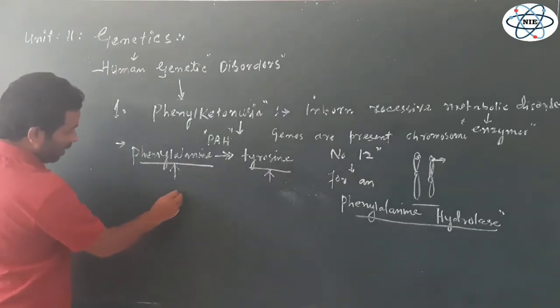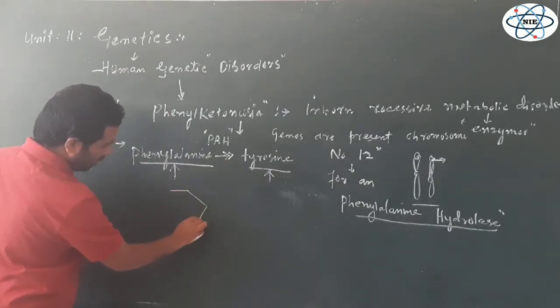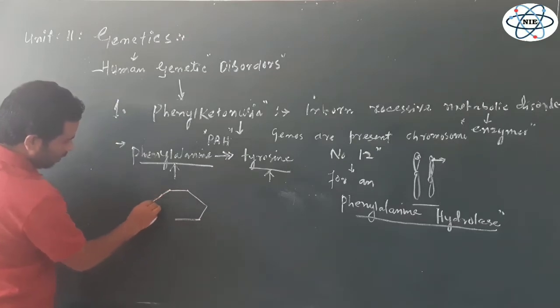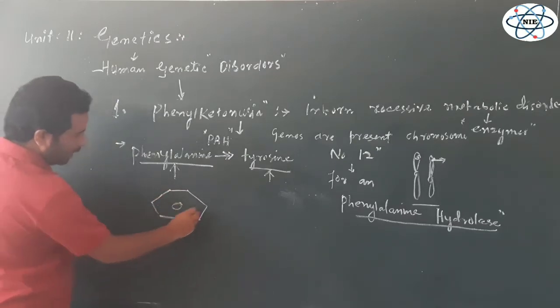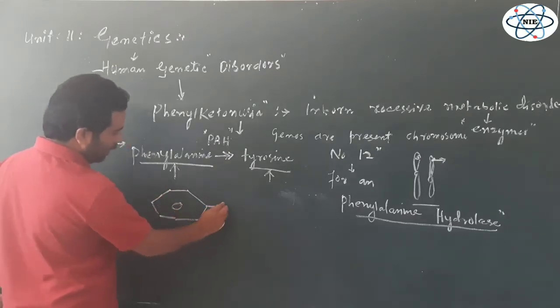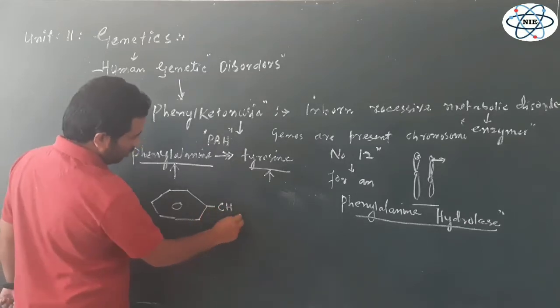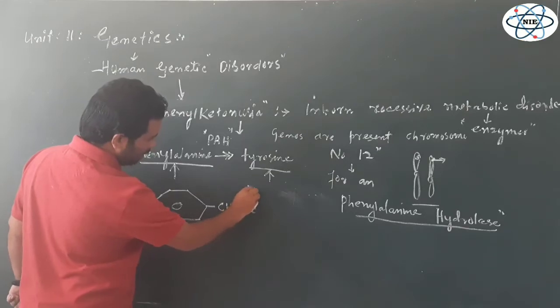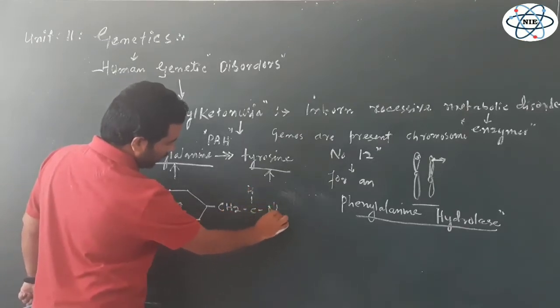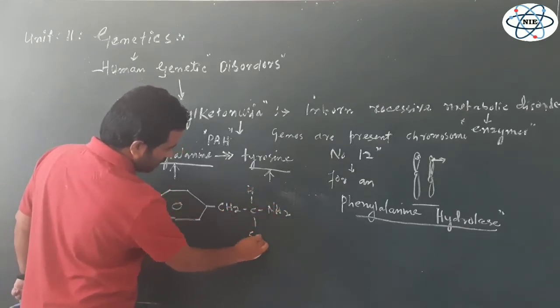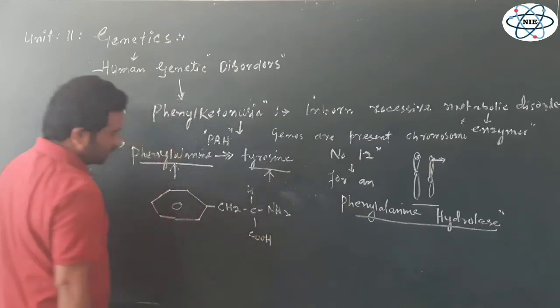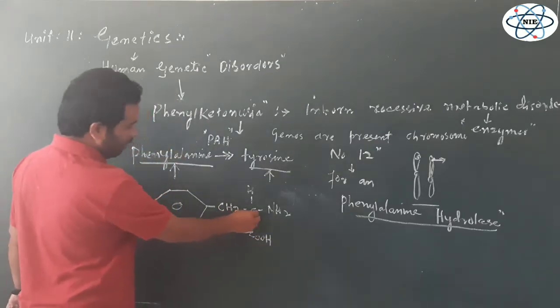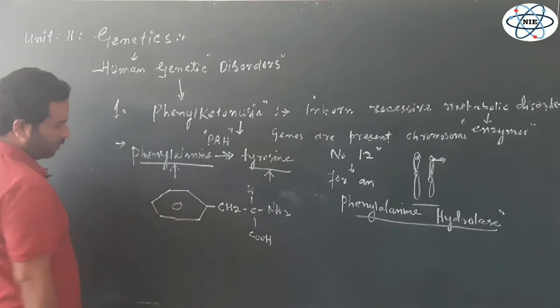Now let's say, for example, this is the structure of phenylalanine. This is the phenyl ring, this is CH2, this is the alpha carbon, and this is the amino group here, and this is the carboxylic group here. So this is the amino acid having this alpha carbon, this is the beta carbon, and then here we have the phenyl ring.